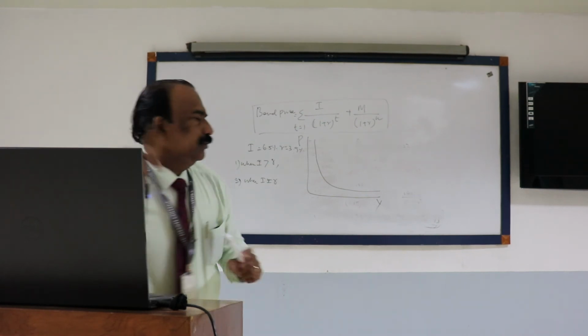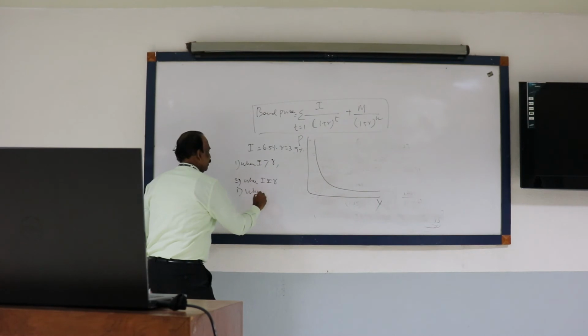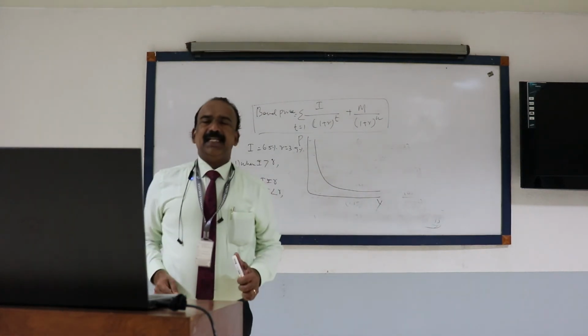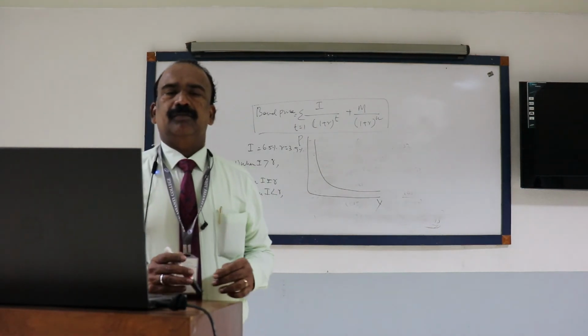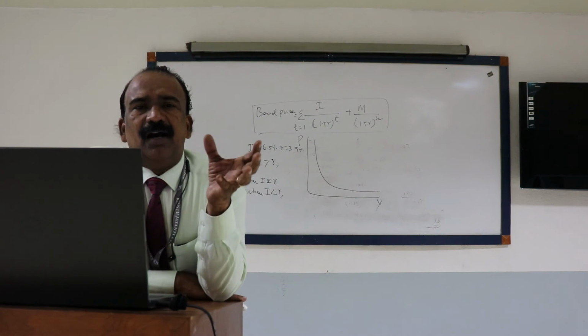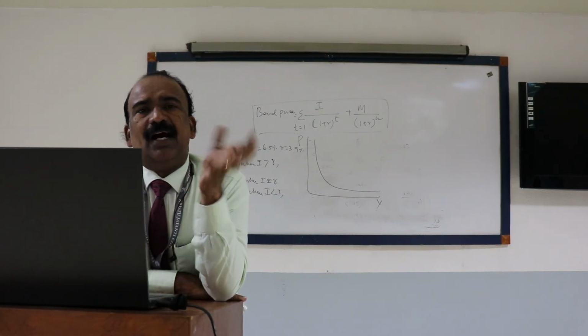Then the third one, when I is less than R. I is 6.5, R is 15%.